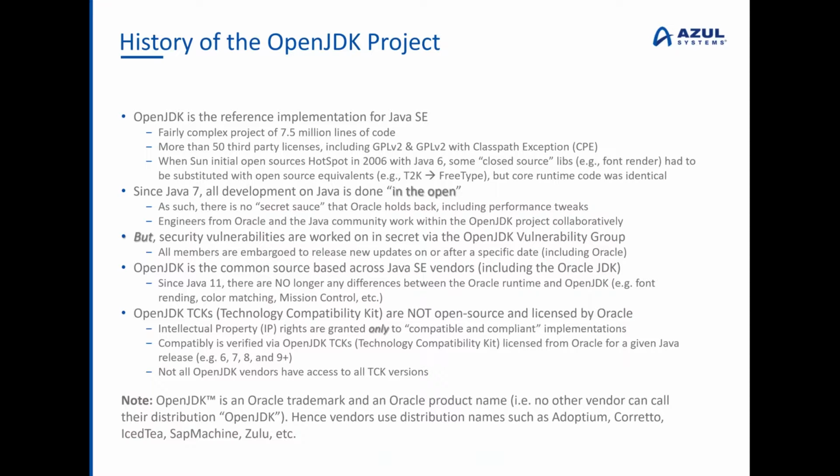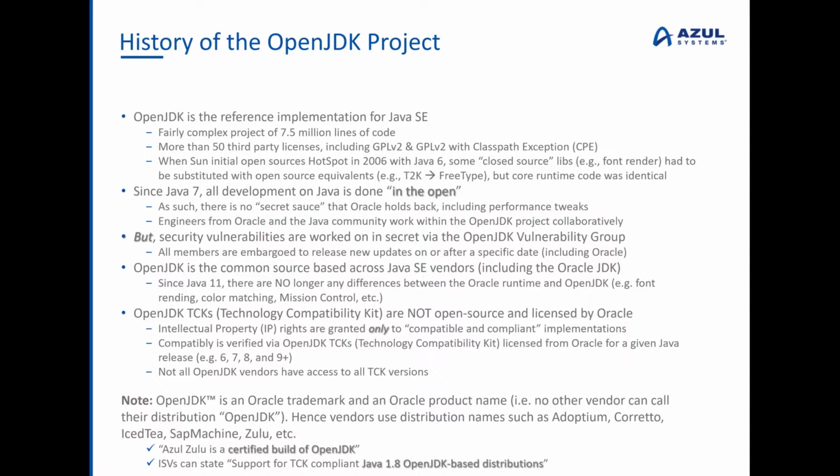Now, there are some subtleties of the Oracle trademark and branding. For example, you're allowed to use the word OpenJDK as a noun. Azul Zulu is a certified build of OpenJDK. You can't say it is OpenJDK, but you can say it's a certified build. Or an ISV can post support of a TCK compliant Java 1.8 OpenJDK-based distribution.